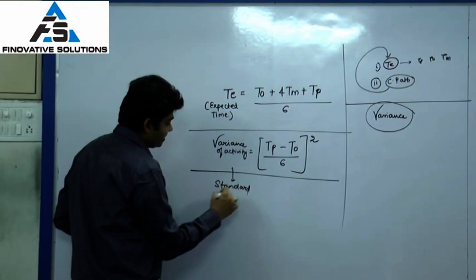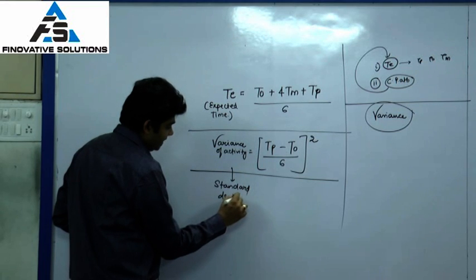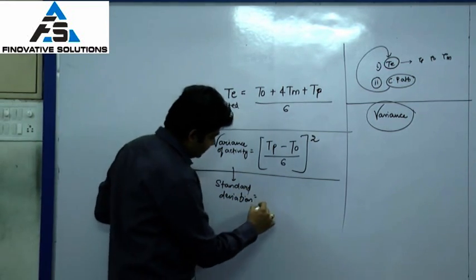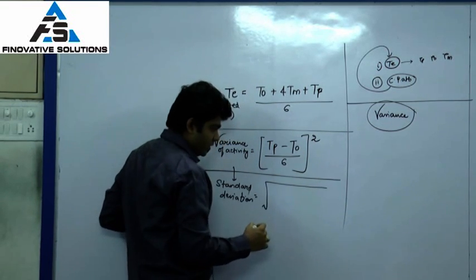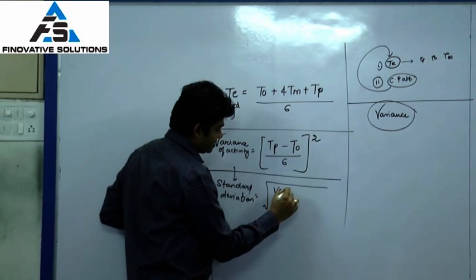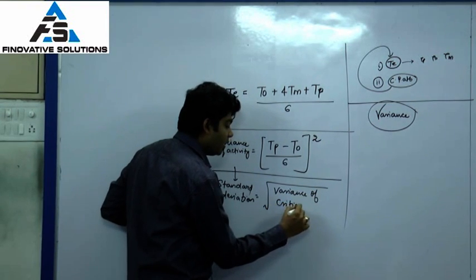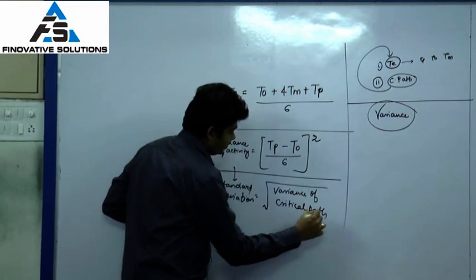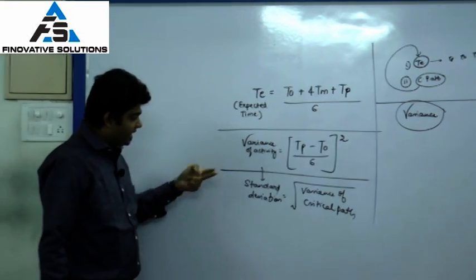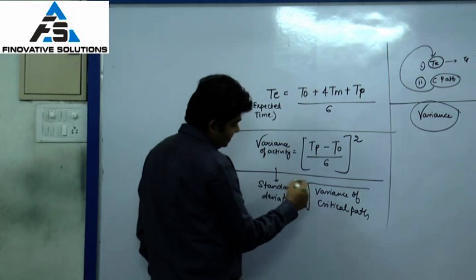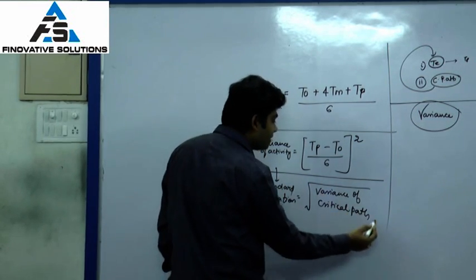That will lead to the calculation of standard deviation. Standard deviation will be the root of variance, but the variance of the critical path. So when I calculate my standard deviation, I calculate it for the critical path.